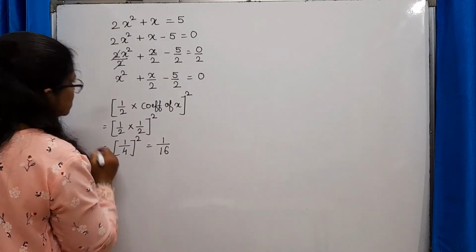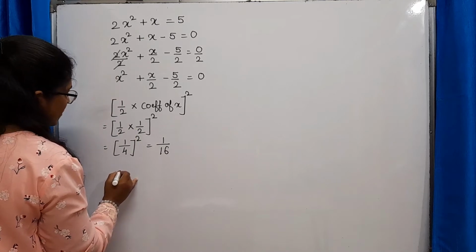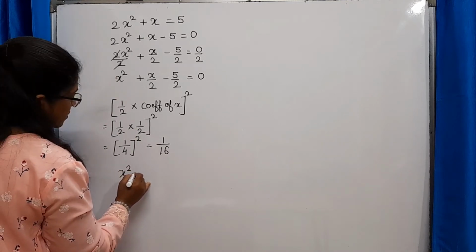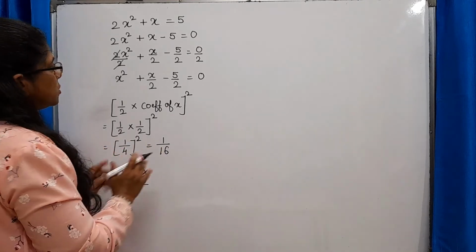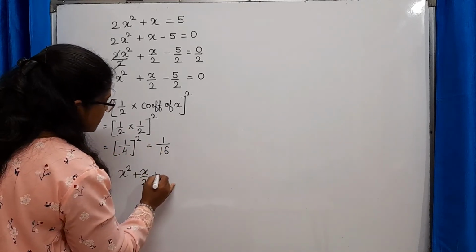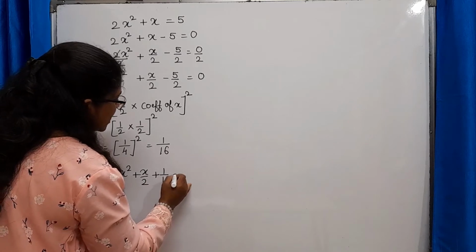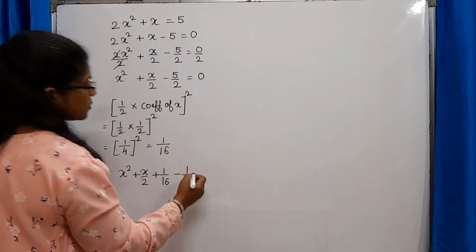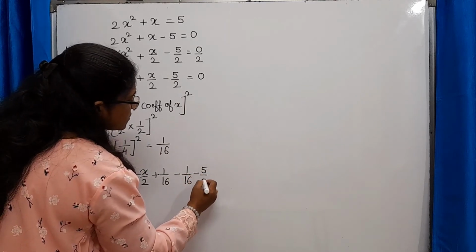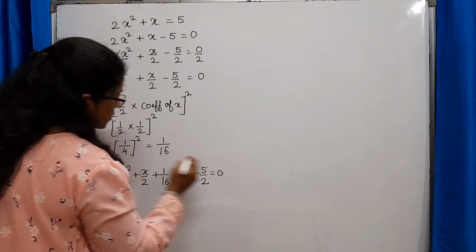Here x square plus x upon 2. Immediately after these two terms we have to add plus 1 upon 16 and subtract this, minus 1 upon 16, and write this term, minus 5 upon 2 is equal to 0.